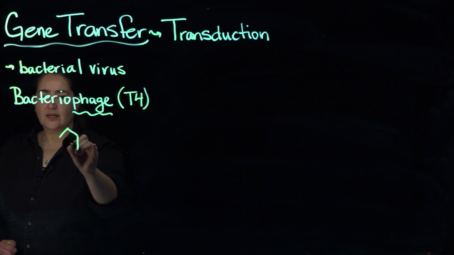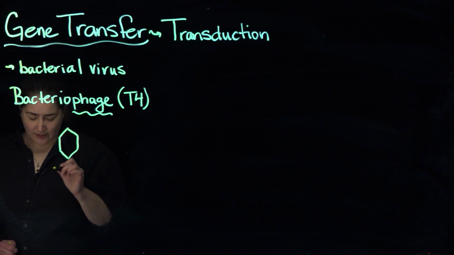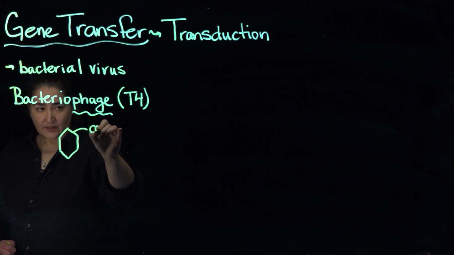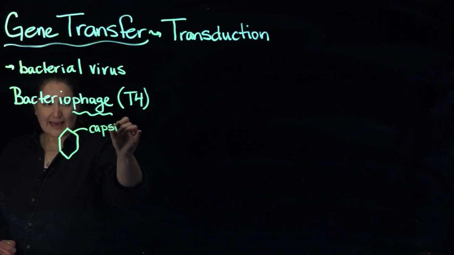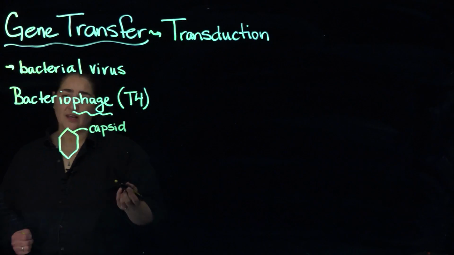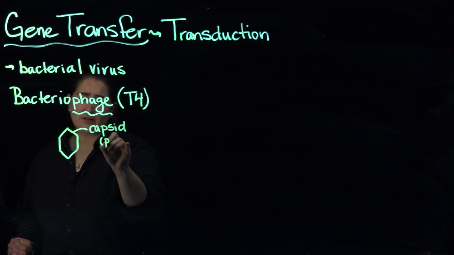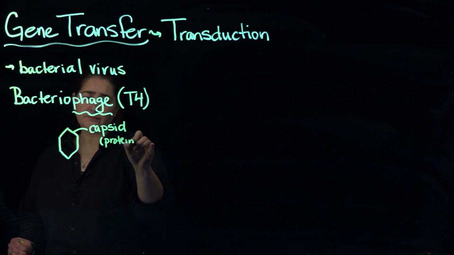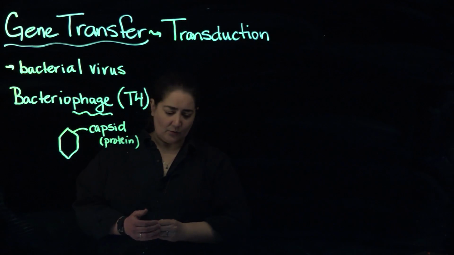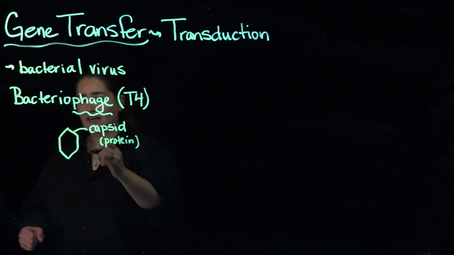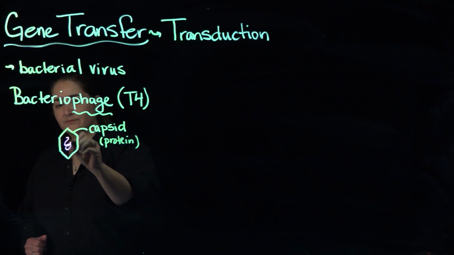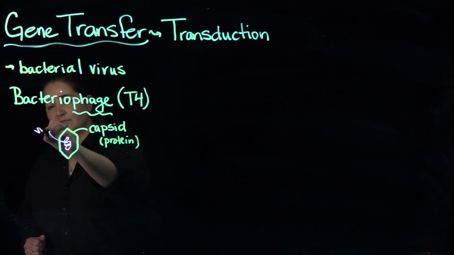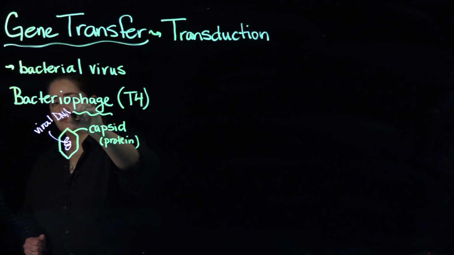So I'm going to draw this structure here. You're going to have a capsid, okay? That capsid is going to be made of protein. And inside that capsid is where you've got the viral DNA.